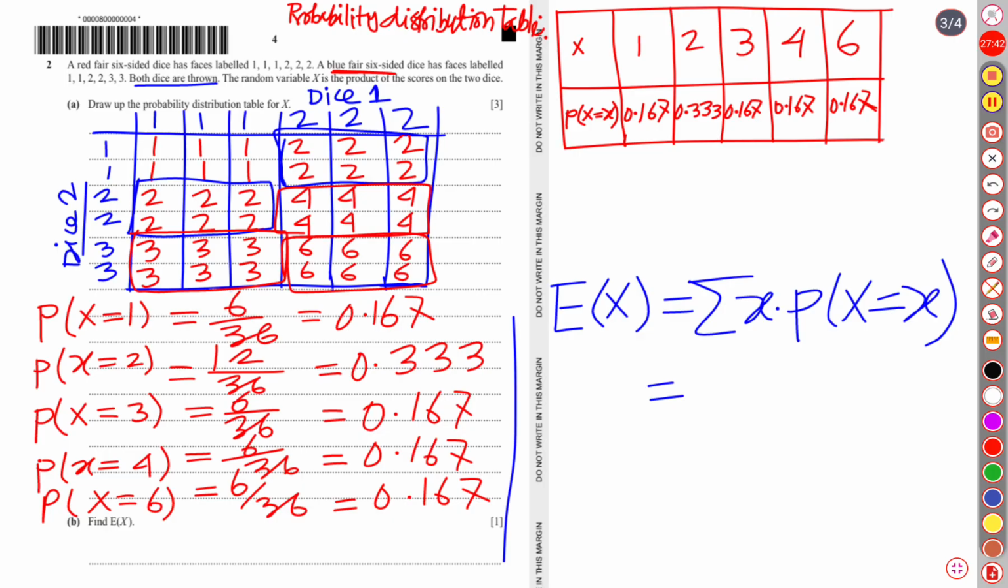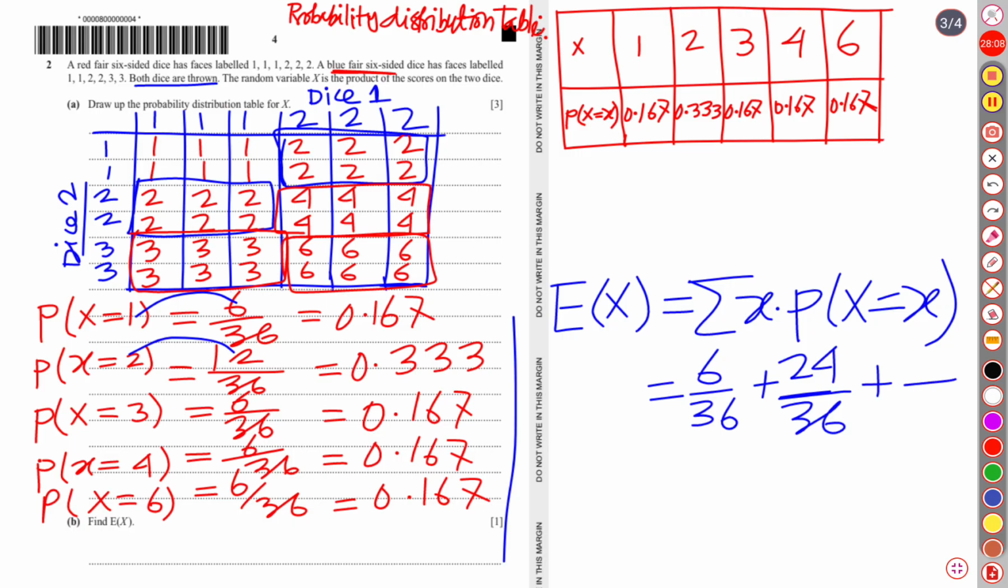If we multiply these, score was 1 and probability was 6 over 36. So 6 ones are 6. It is going to be 6 over 36. Then the second one, if we multiply, it is 2 and 12. 2 12s are 24. So 24 over 36 plus the third score is 3.